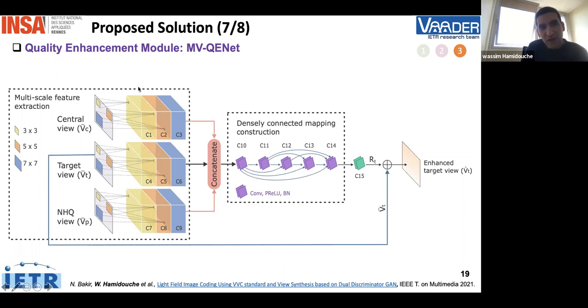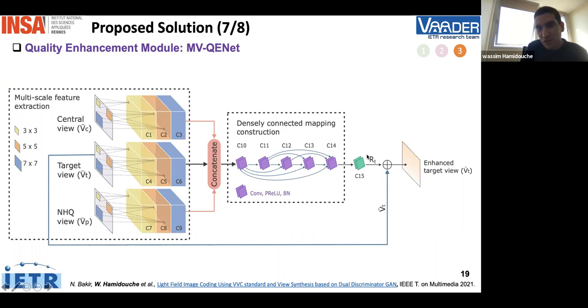And this quality enhancement network, which is called here MV QualNet, performs two stages. The first stage is using convolutional networks. It performs some feature extraction, which are then concatenated, and this goes to the densely connected mapping, which enables to construct the residual of this missing view.